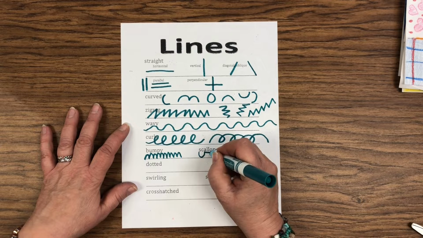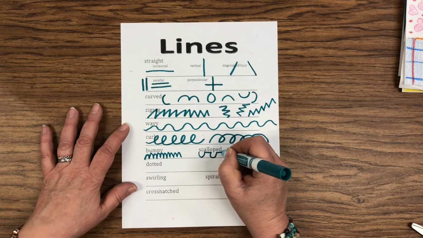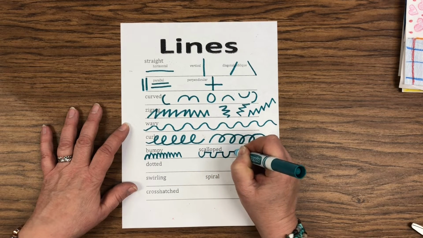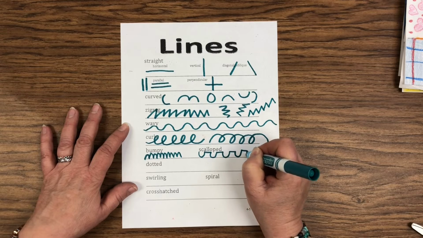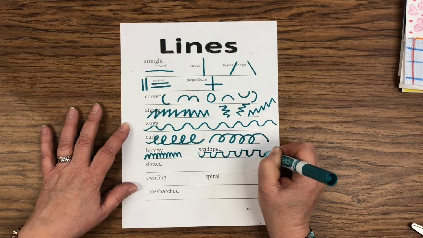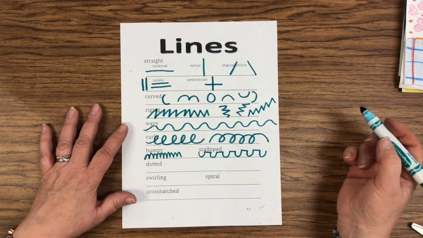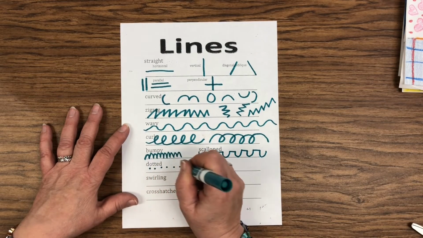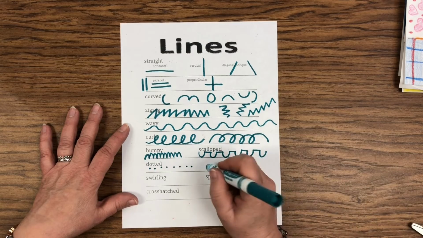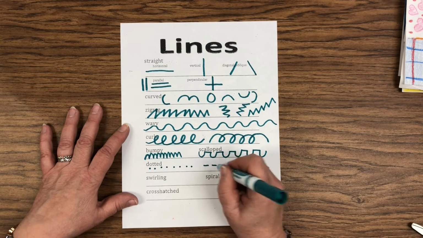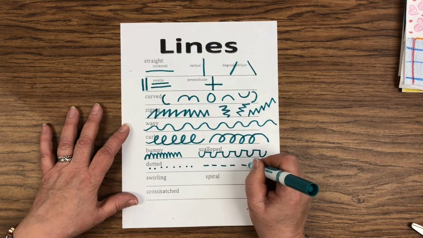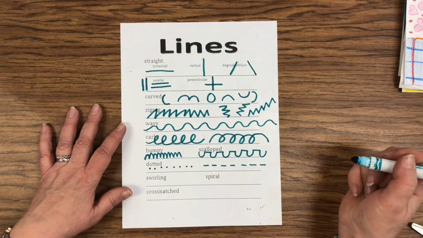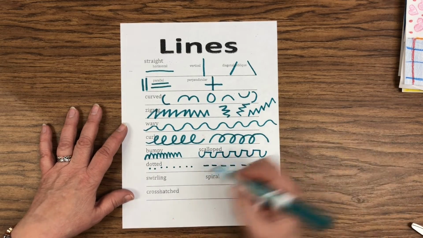Curved, straight, curve, straight, curve, straight. Dotted lines. They can be just dots, or they can be little short lines with a space between them. Swirling lines.